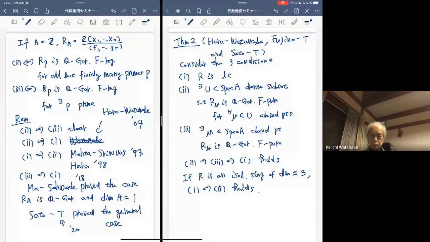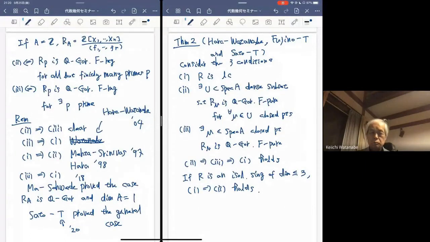This is the statement of theorem 2. We believe these 3 conditions are all equivalent, but at the moment we don't know how to prove 1 implies 2 in higher dimension.